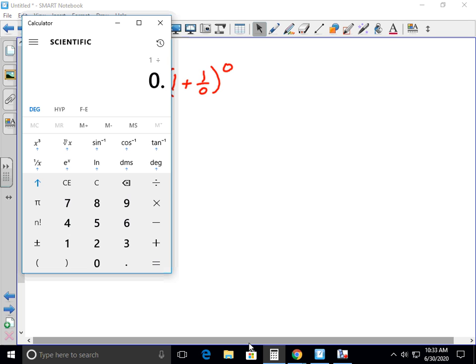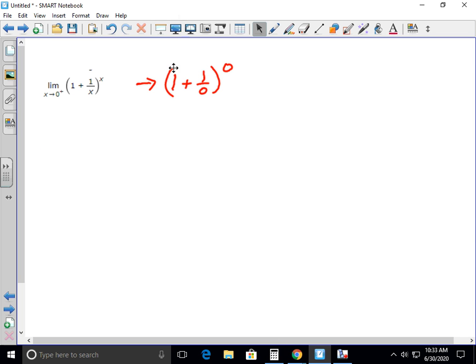If we do 1 divided by 0.00001, that's getting bigger. If we do 1 divided by an even smaller number, that's getting really big. So the inside of this parenthesis is going to infinity. And then we're raising that to the 0 power.